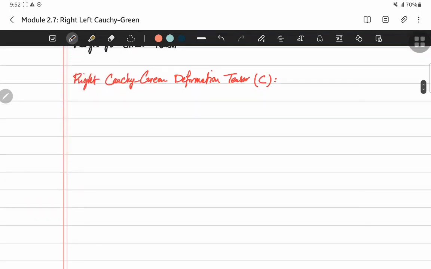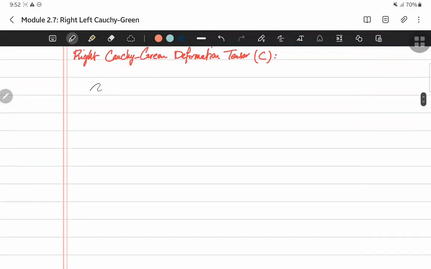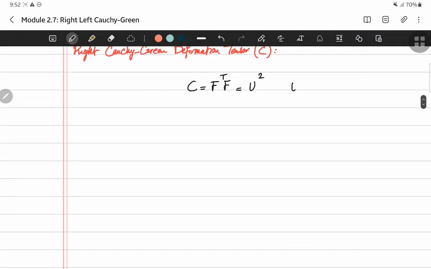So if you recall from the previous session, we defined C equal to F transpose F, where F was the deformation tensor, and it was equal to U squared. C actually was equal to U squared, and this U was the pure stretching tensor. And remember that if U is equal to I, so instead of U you have I, then there is no deformation.